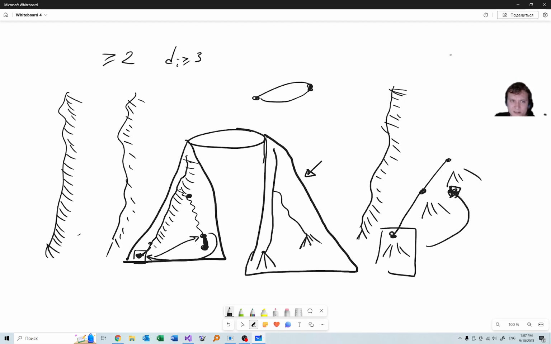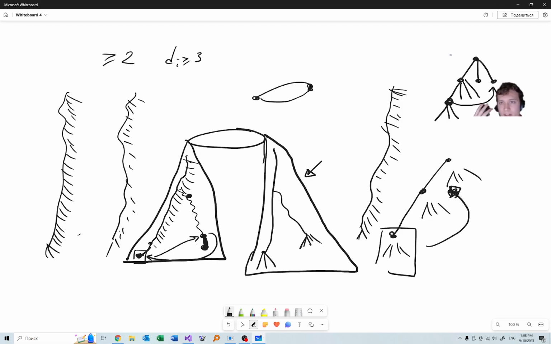So why can't I really decrease some of the depths by 1? Why can't I do it? So assume that I have some root vertex, and I have some other vertex here, and assume that I have one more vertex here. Then definitely I can swap this and this.